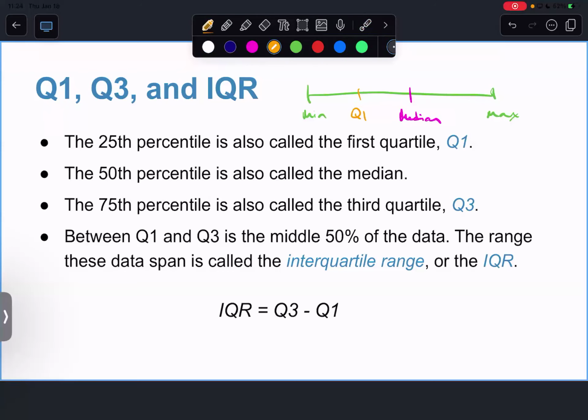So Q1 has 25% of the data below it, because you've cut it into quarters. And technically the median is the second quartile, or Q2, but we don't usually call it that, because we have a more specific term for it, which is the median.